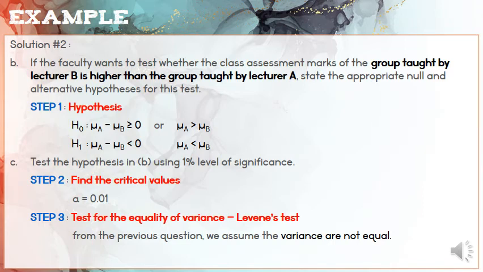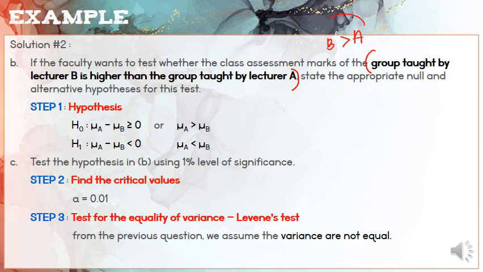B. If the faculty wants to test whether the class assessment marks of the group taught by lecturer B is higher than the group taught by lecturer A. So ini soalan dia. Dia tanya, adakah B greater than A? Dia suruh tuliskan hipotesis.